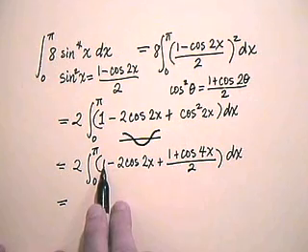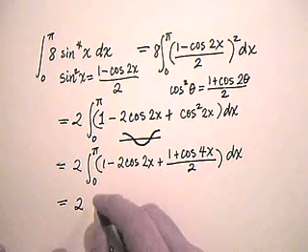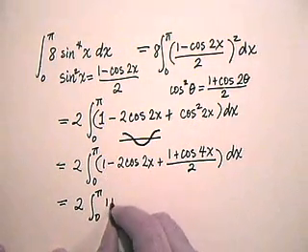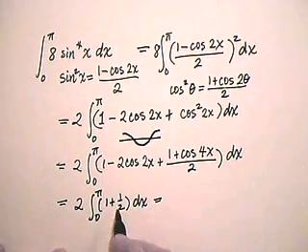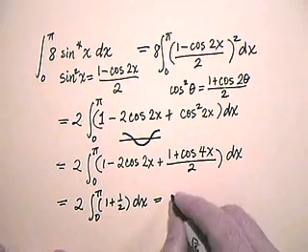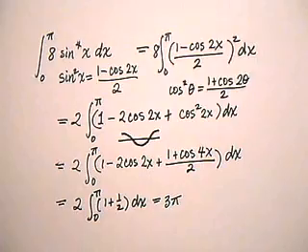The only thing that's going to contribute is the 1 and the 1/2. So we'll have the integral from 0 to pi of 1 plus a half dx, which is 3/2 times 2 is 3, integrating from 0 to pi, simply 3 pi.